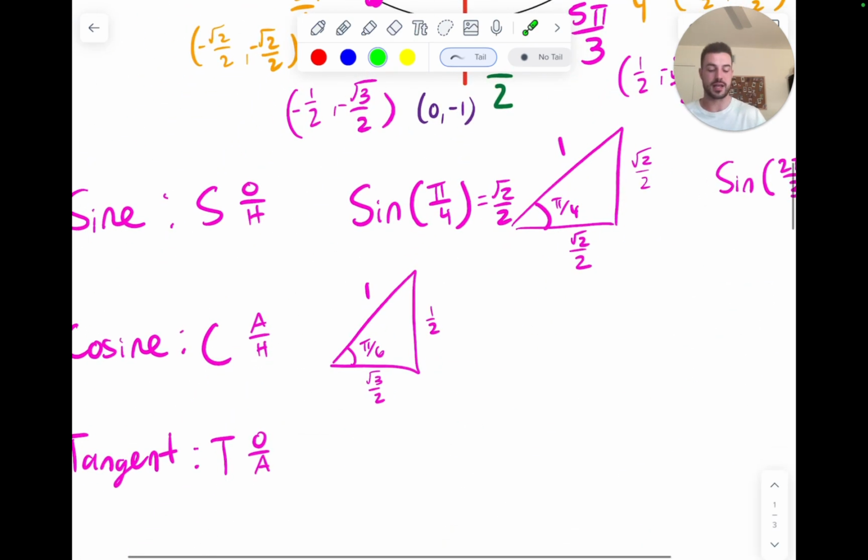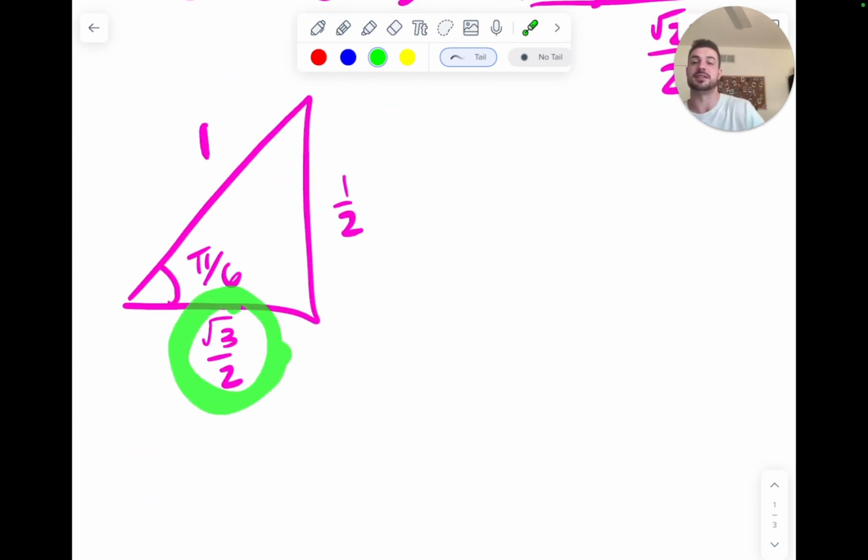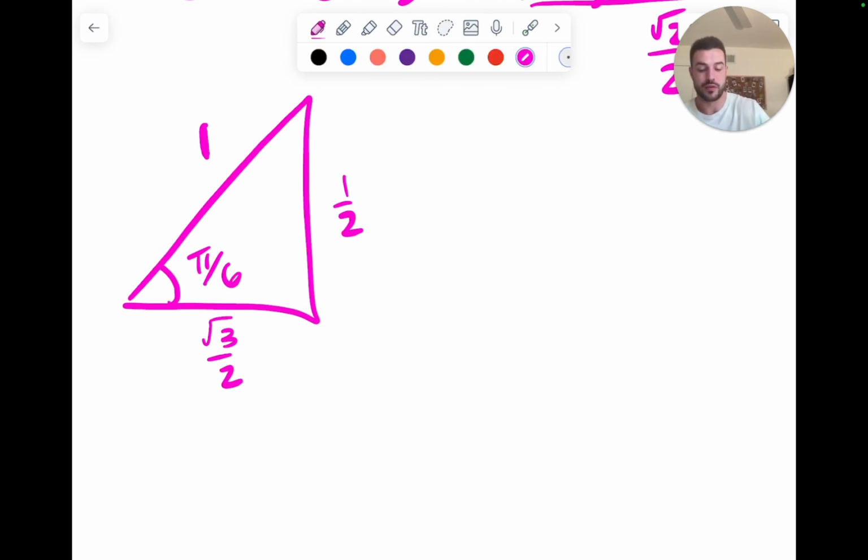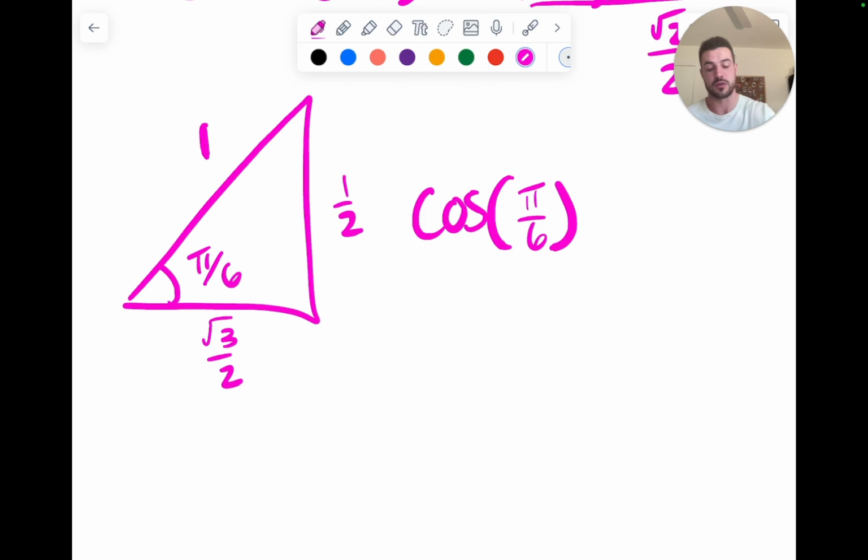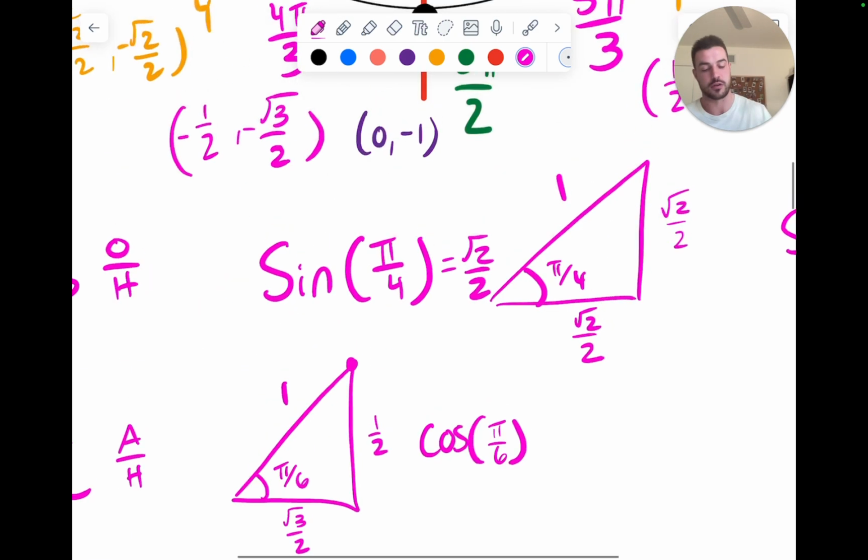Cosine is our adjacent side from the angle over our hypotenuse, so that would be root 3 over 2 divided by 1. So anytime we say the cosine of an angle measurement, we are looking at the x value of the coordinate on our unit circle. So cosine of pi over 6 is just the x value of that coordinate on our unit circle.